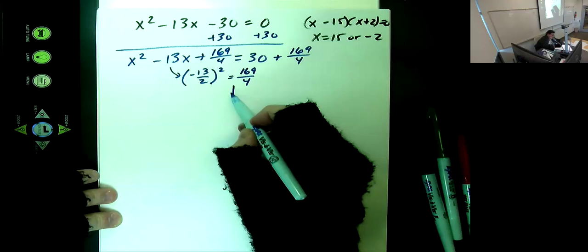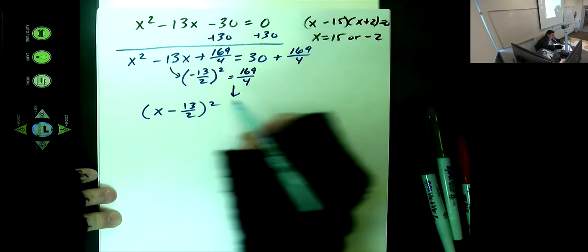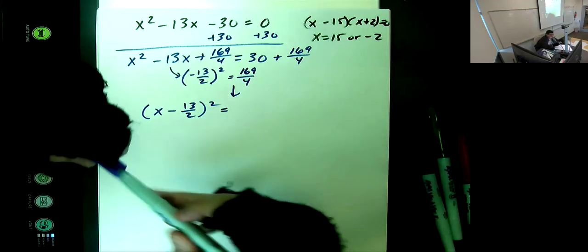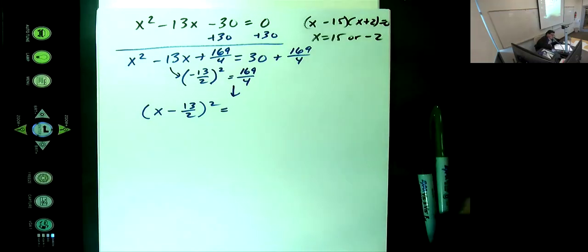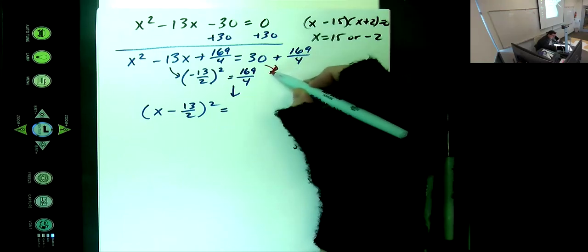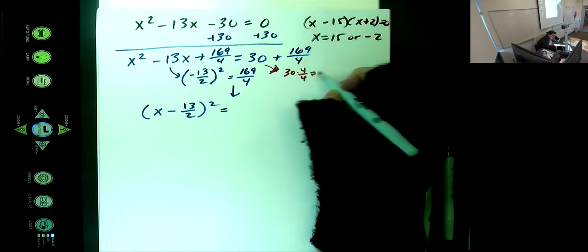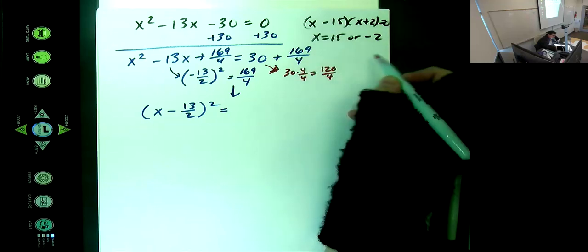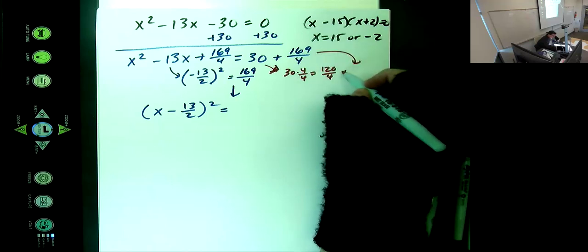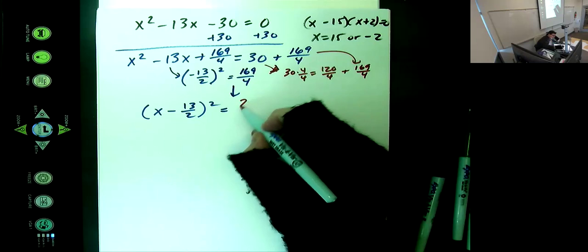We can shorthand the left side to x minus 13/2 squared. The right side, without a calculator, I'm going to get a common denominator. So 30 times 4/4 is 120/4. And I'm still adding 169/4. I got 289/4.